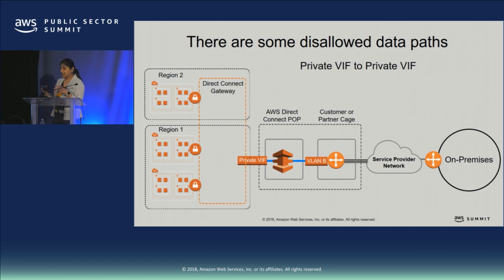Essentially, Direct Connect Gateway helps you to connect your on-premises resources to an AWS resource, rather than helping you connect from an AWS resource to an AWS resource.